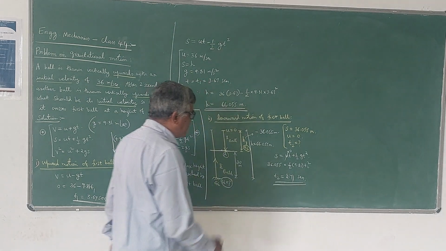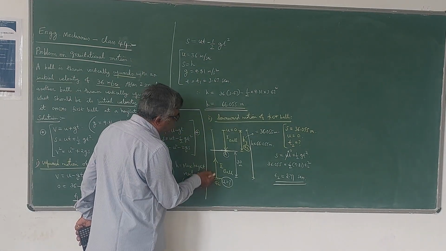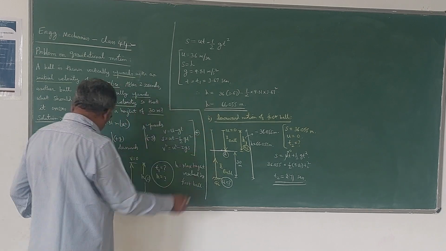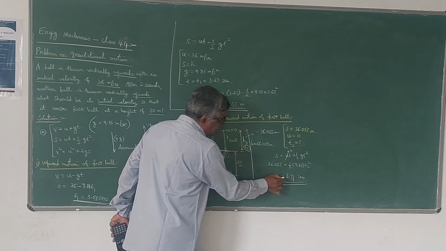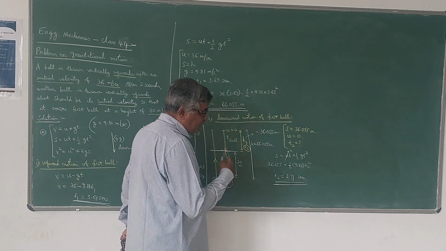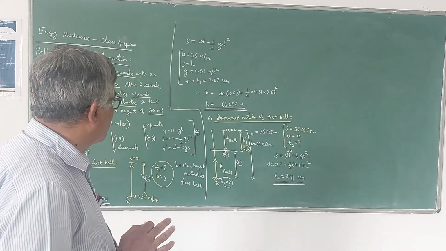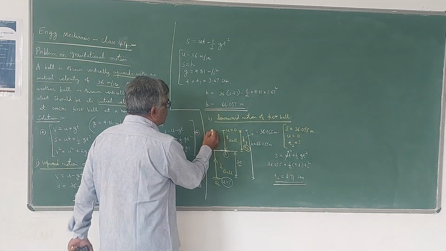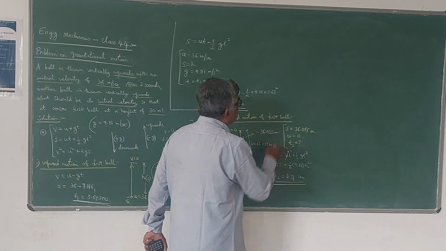So the meaning of that is, for the first ball to travel from here to maximum height, it has taken 3.67 seconds. Then to travel from here to here, it has taken 2.71 seconds. That means the total time taken by the first ball to go to this position and then come back to A will be t1 plus t2.